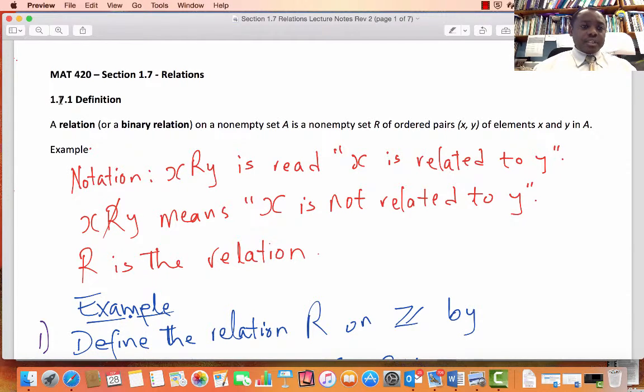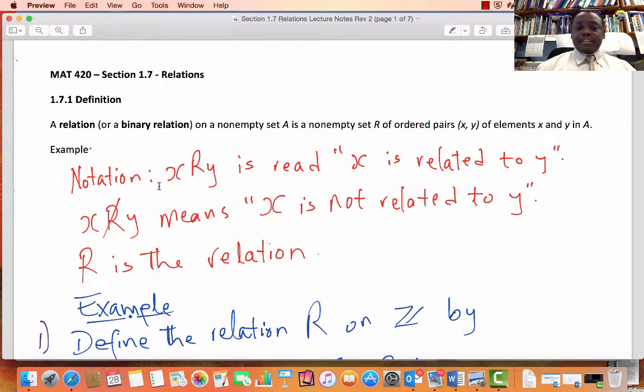Subsection 1.7.1 Definition. A relation or a binary relation on a non-empty set A is a non-empty set R of ordered pairs (x, y) such that x is from A and y is from A.